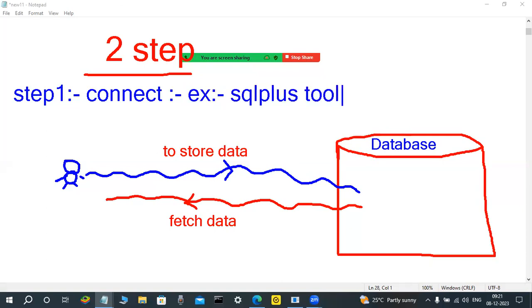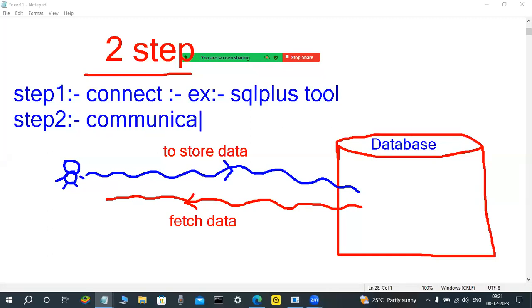Toad is a tool. SQL Developer is a tool. SQL Navigator is a tool. PL/SQL Developer is a tool. I will tell you about them. Don't worry. SQL Plus is a default tool. You are not required to install it explicitly. Once you install Oracle software, this tool is automatically created. Don't worry, I will tell you that. Next, step 2 means communication.